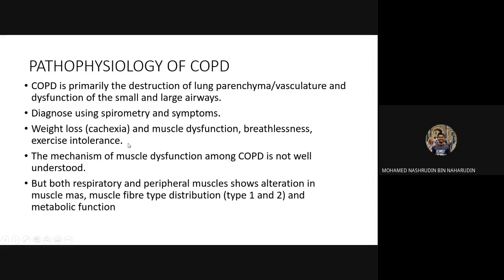And then let's go through the pathophysiology of COPD. COPD is a type of disorder characterized primarily by the destruction of the lung vasculature or parenchyma, and dysfunction of the small and large airways.